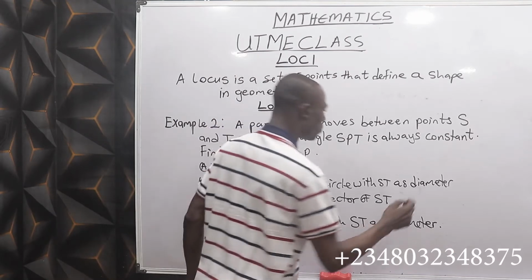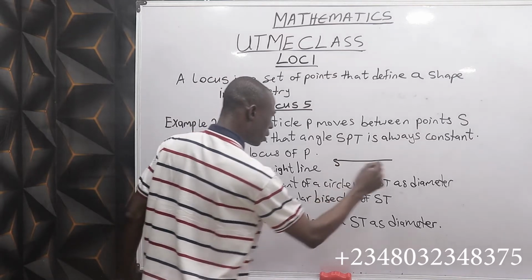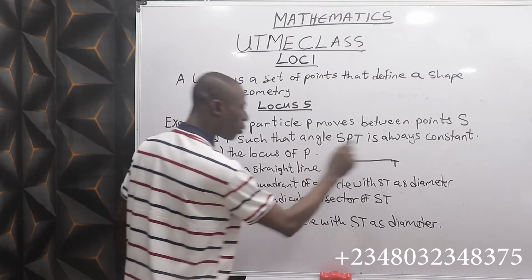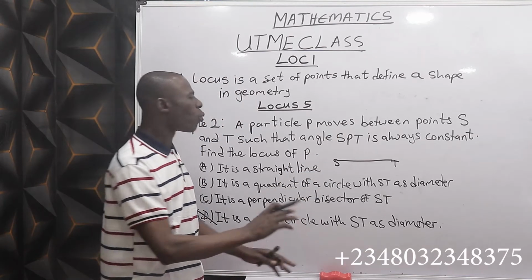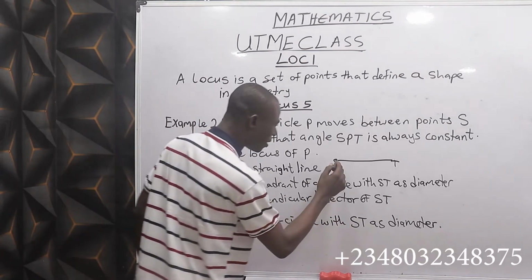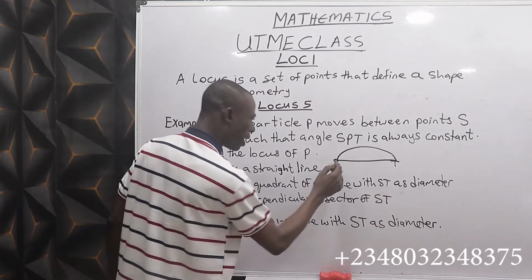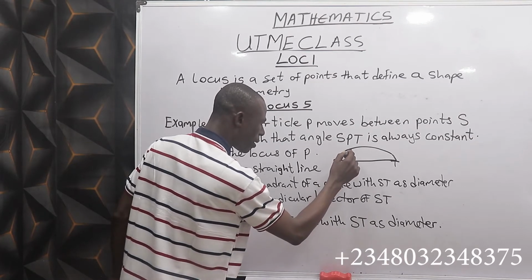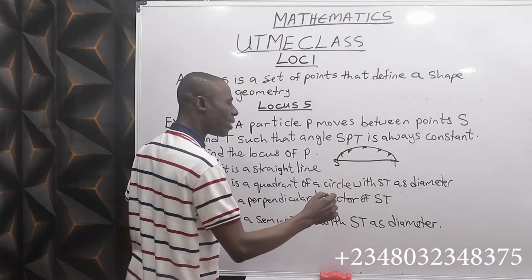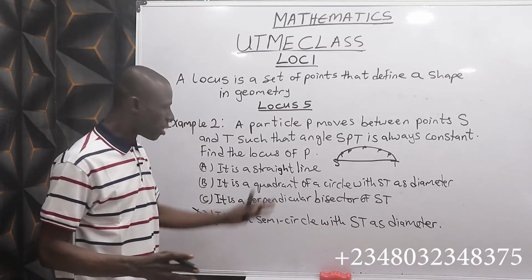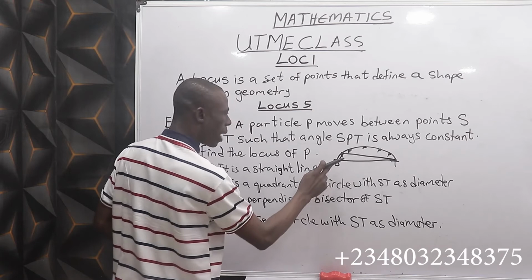The illustration is this. Let's say this is the ST. The locus P that moves such that the angle SPT is always constant is this. It's along the arc of a semicircle, such that if you say P is here, or here, or here, anywhere on the arc, the angle will be the same, constant. That's the meaning of constant. Let's try this. This is angle SPT.